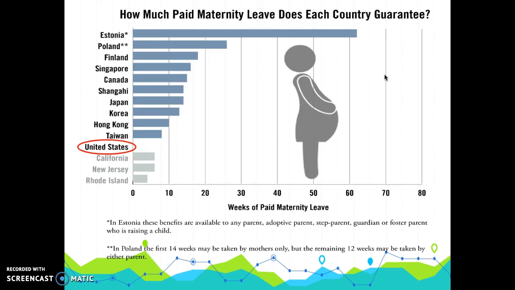What this graph can tell you about pro or antinatalist population policies is that Estonia and Poland truly value parenthood, motherhood, and encouraging family growth, right? But you can see actually the United States, and we've talked about this previously, does not require paid maternity leave. So the United States would be an example of not having a pro-natalist population policy here.